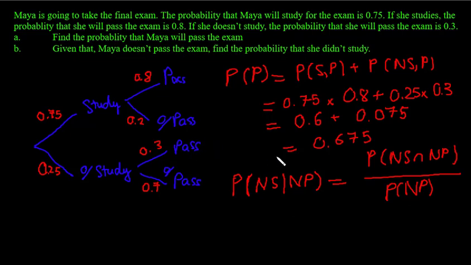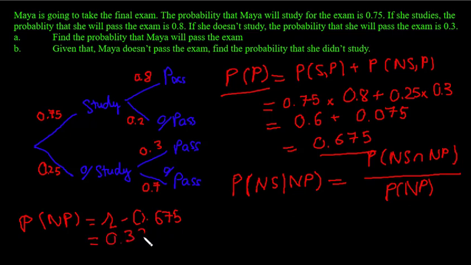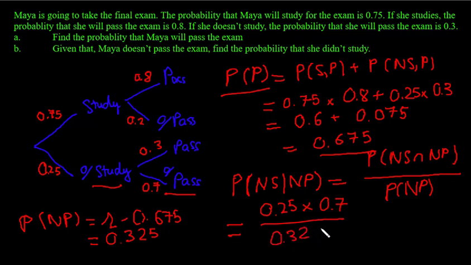Because the probability that she will pass is 0.675, the probability that she will not pass equals 1 minus 0.675 equals 0.325. The probability that she will not study and not pass is this one, 0.25 multiplied by 0.7. Over 0.325 equals 0.535.